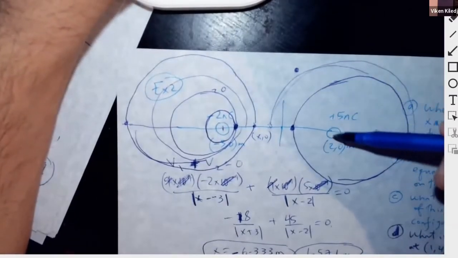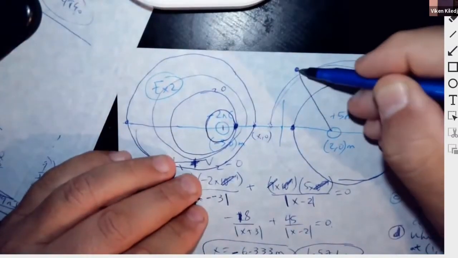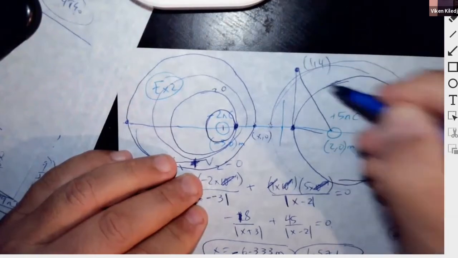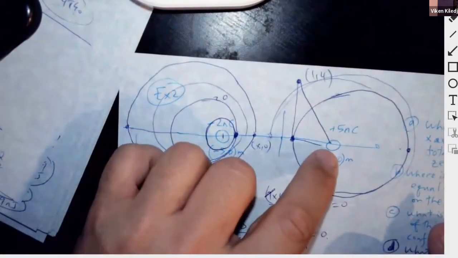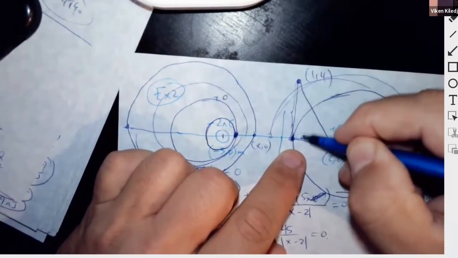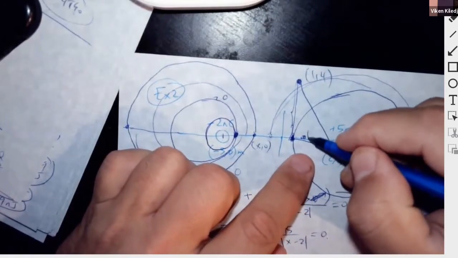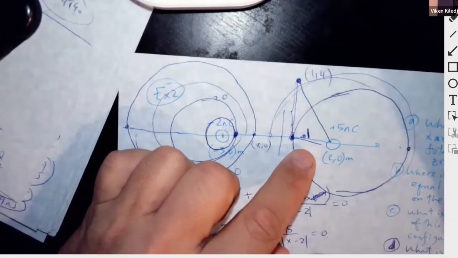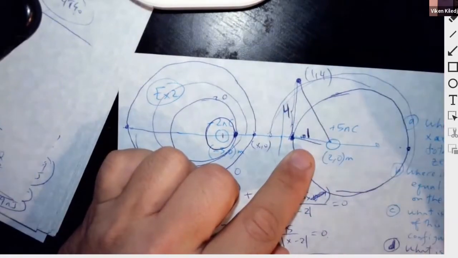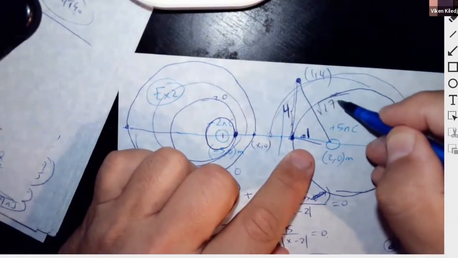So then you're just going to do the voltage due to this. So if it's 1,4, one would be more like midway. Anyway, this distance would be 1, and this distance would be 4. So this distance would be square root of 17.